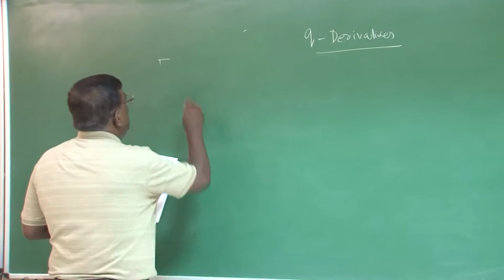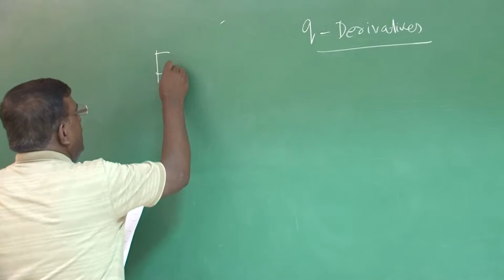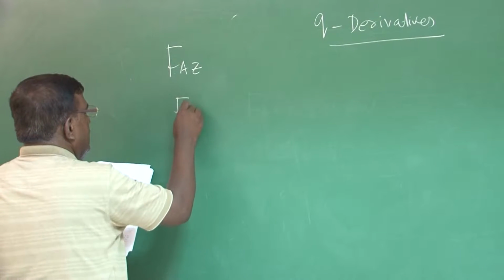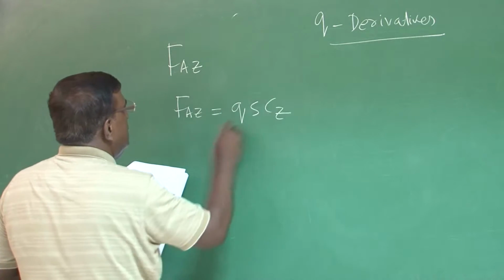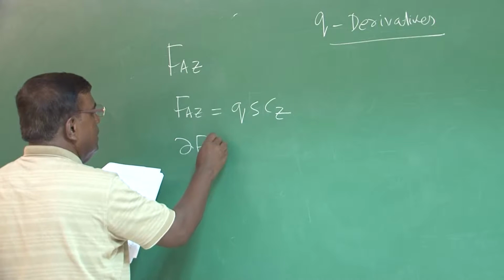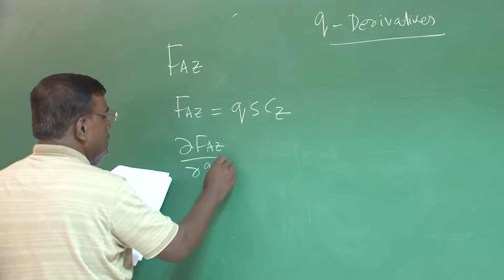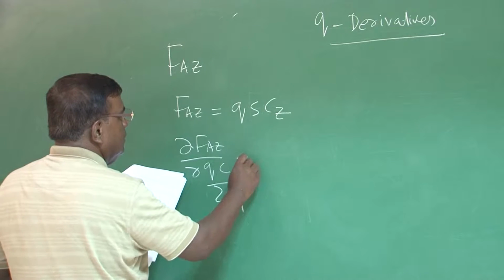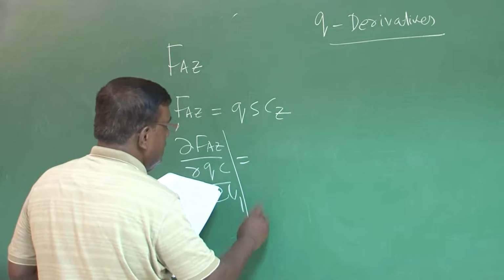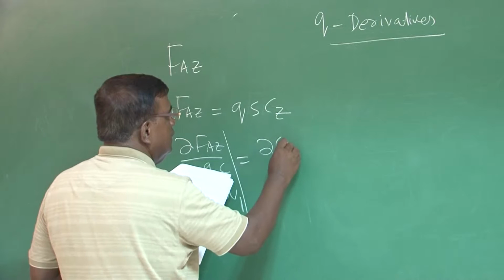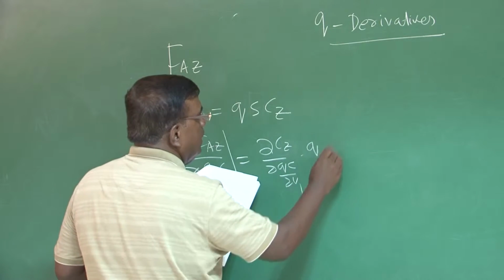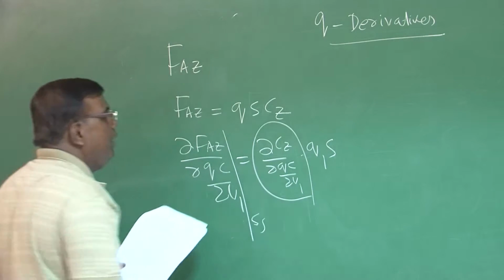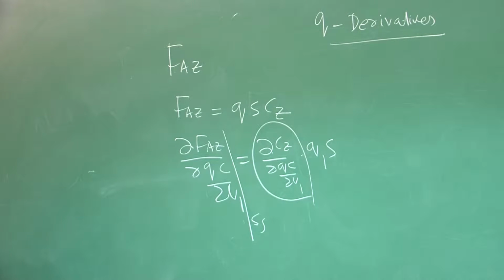Now, we will handle FAZ, and we again write FAZ as Q bar S CZ, and dFAZ by d(QC/2U1), evaluated at steady state, is equal to dCZ by d(QC/2U1) into Q1 S. The catch point is how to evaluate dCZ by d(QC/2U1).